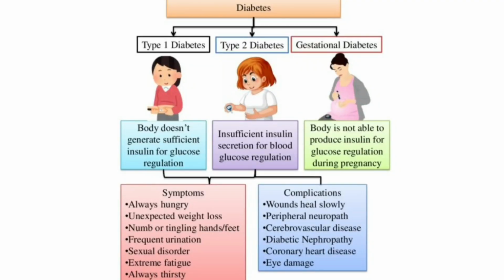Now we are going to discuss diabetes mellitus, which is a group of diseases characterized by high blood glucose concentration resulting from defects in insulin secretion, insulin action, actually both.